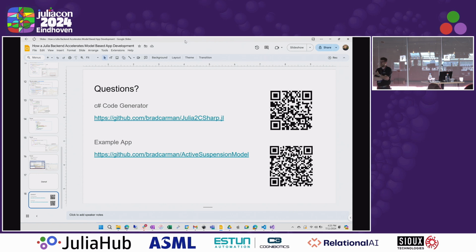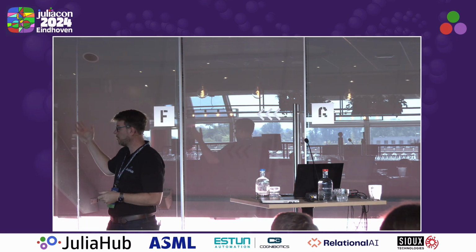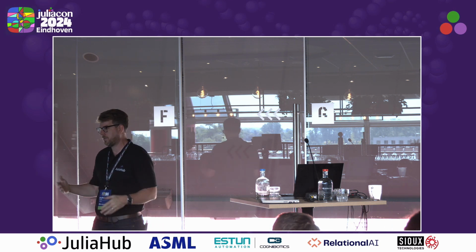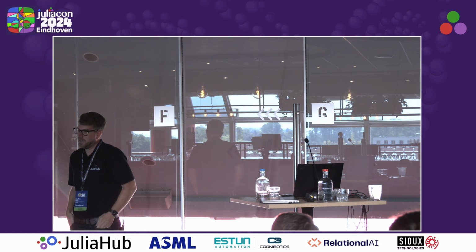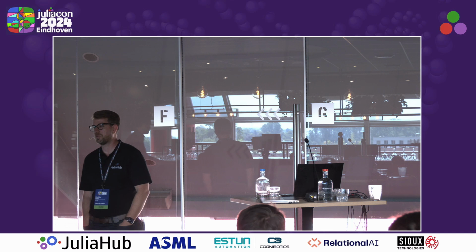It would be nice to just do everything in Julia, right? But they're not as mature. WPF is extremely powerful. They've been developing this front end technology for a long, long time, and you have nice coding patterns, and you can do some really powerful things. So, yeah, I'm looking forward to Julia getting to that point.